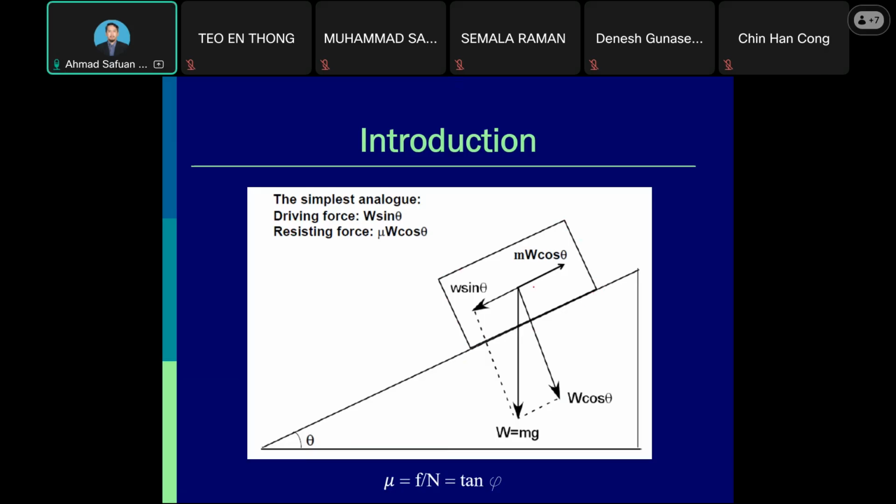So then we can understand that the driving force equation is W sine theta, while the resisting force is mu W cos theta. So mu actually is F over N, or tangent phi, which is the tangent of the internal friction angle.